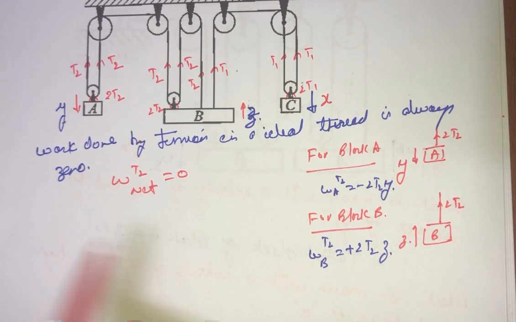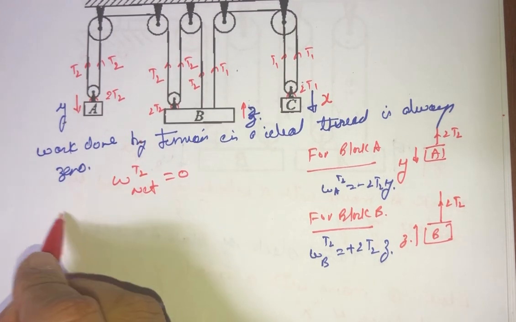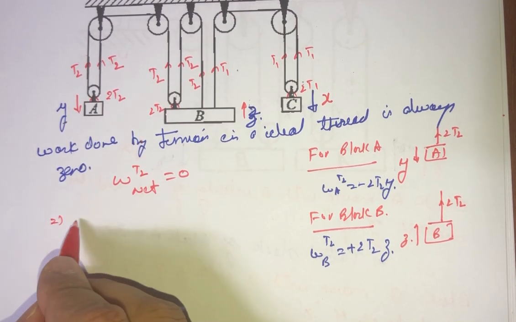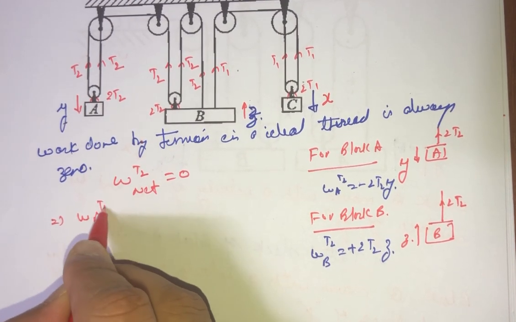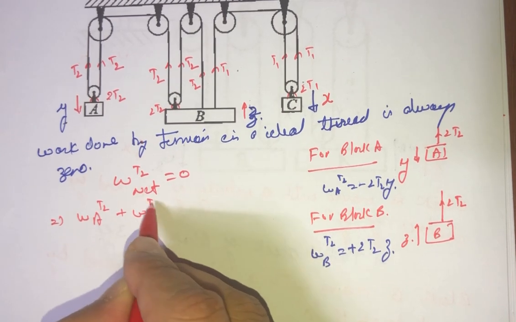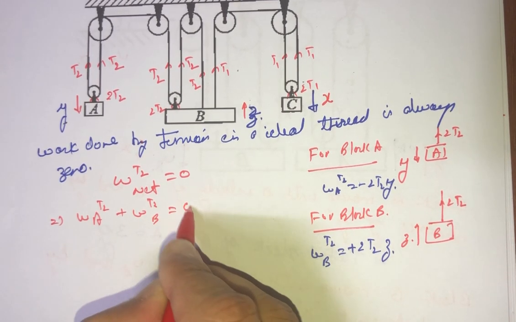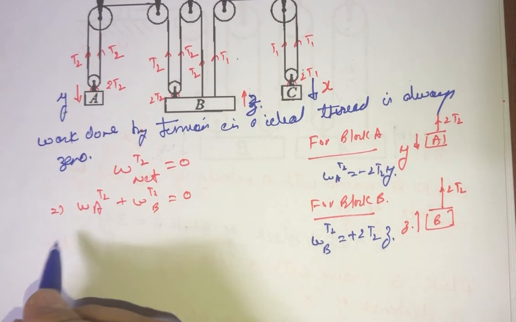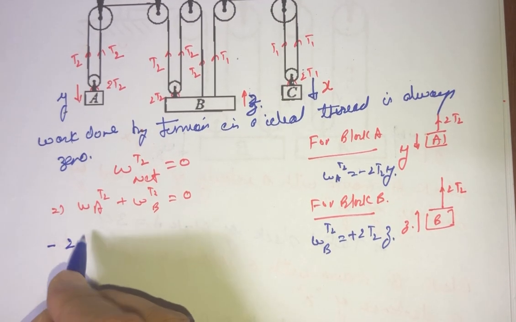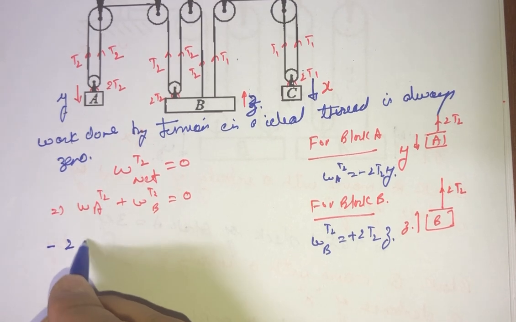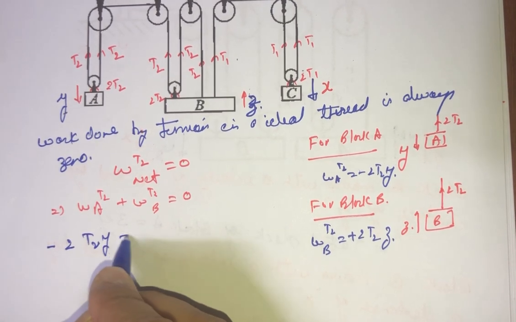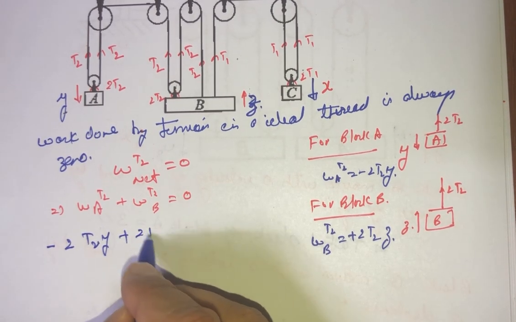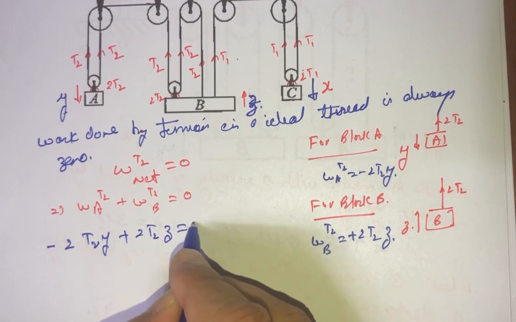So it means summation of this implies that work done of A with T2 plus work done of B with T2 will equal to 0. We substitute the values, we get minus T2 Y plus twice T2 Z is equal to 0.